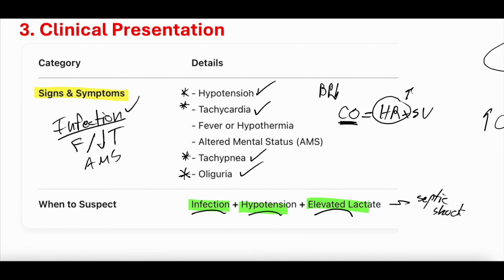Because if you resuscitate and treat aggressively, that initial compensated shock, people might call it severe sepsis. This is another term on the spectrum of sepsis, right? You start with sepsis, which is just infection. Then you get severe sepsis, which is infection plus organ injury, but without hypotension. And then you have septic shock, which is what we're talking about today.